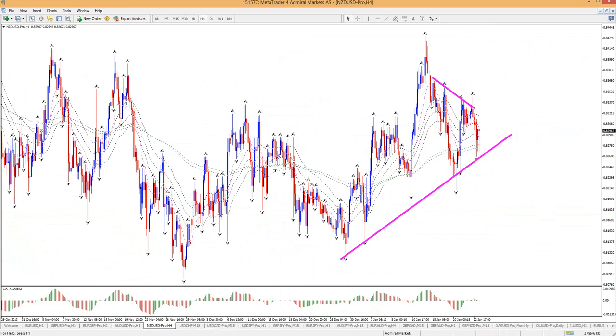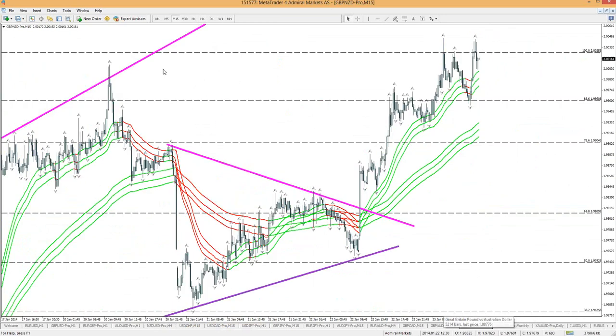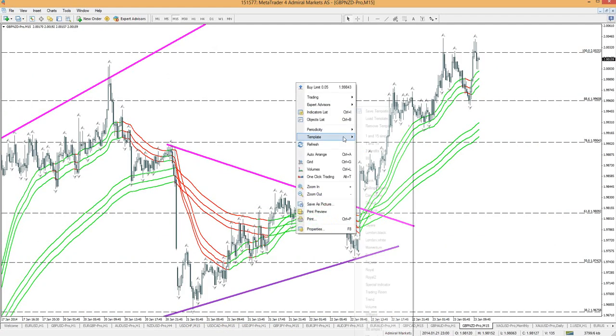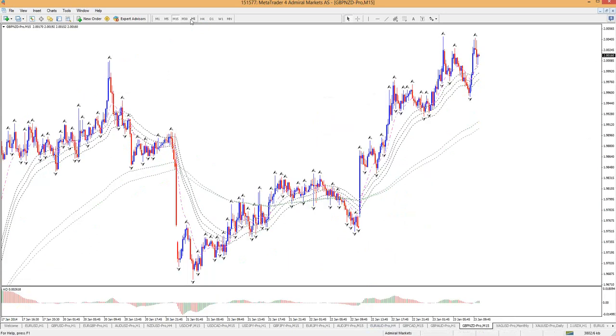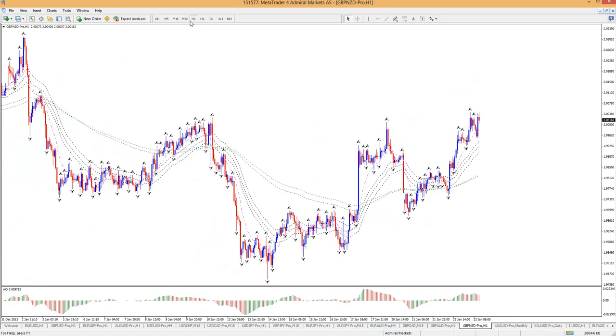If we compare Pound CAD with the New Zealand CAD, then we should take a look at the Pound New Zealand. And we can see the pound is actually breaking to the upside on the 1-hour chart. There was this triangle indeed on the chart.